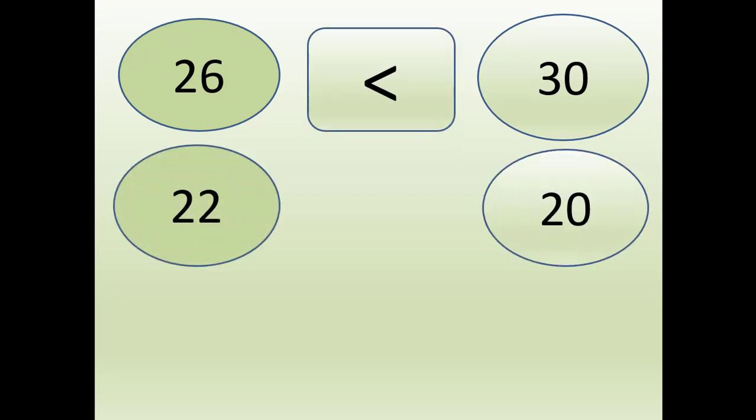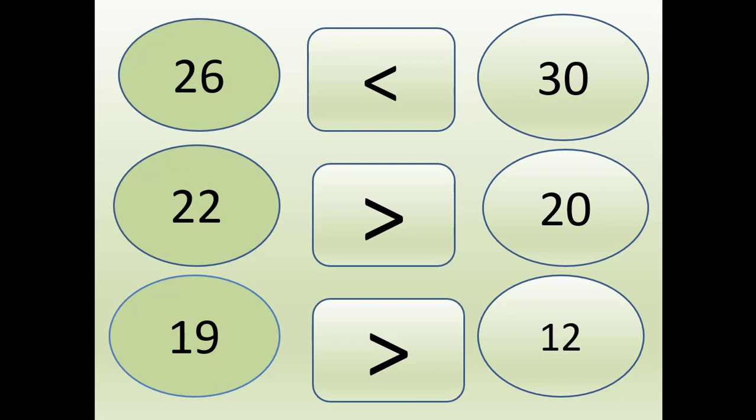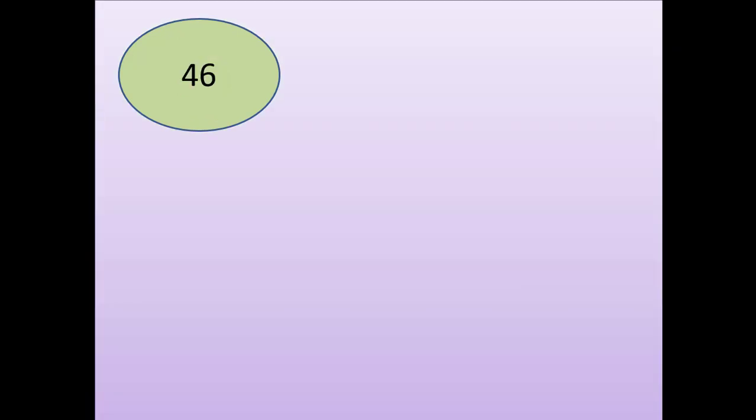And 22, 20. Which is more? The first number, right? 22 is more than the second number 20, so greater than. And then 19, 12. Which sign comes now? Yes, here greater than sign because 19 is more. Practice 46, 49. Look, is the first number less or more?